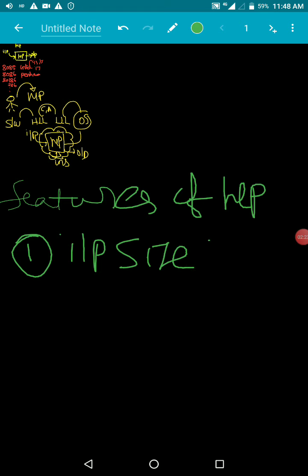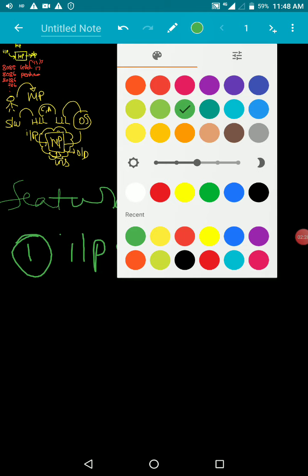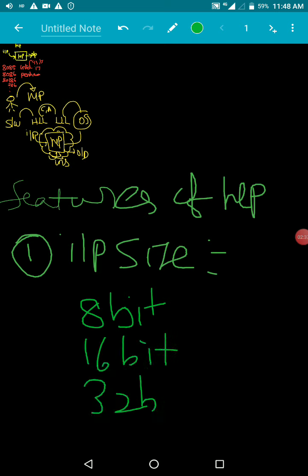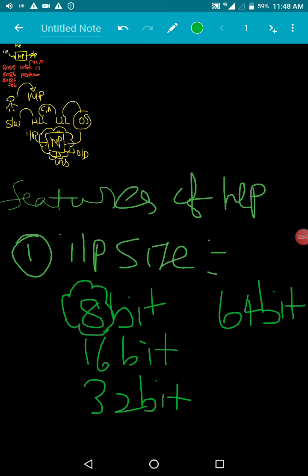Based on the maximum size of the input, microprocessors are classified into 8-bit, 16-bit, 32-bit, and 64-bit microprocessors. Here 8-bit means the maximum input size is 8 bits, 16-bit means the maximum size is 16 bits, and 64-bit means the maximum input size is 64 bits.